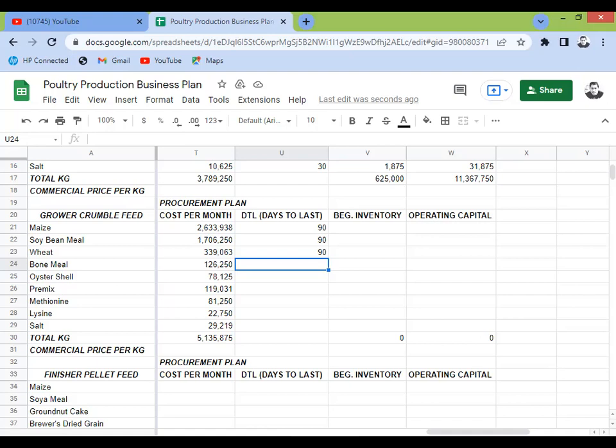Not only the bone, but also the feathers. Feather and bone meal are very useful, and they are a source of calcium, phosphorus, and those minerals, very important essential nutrients for your feed formulation.